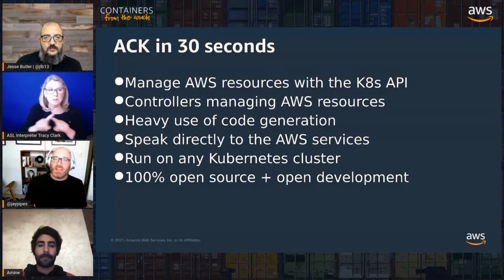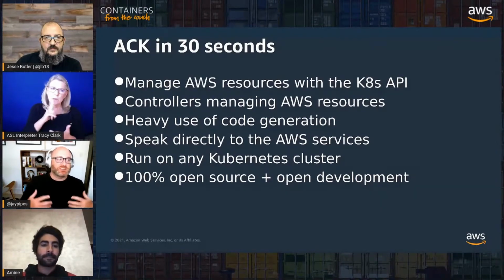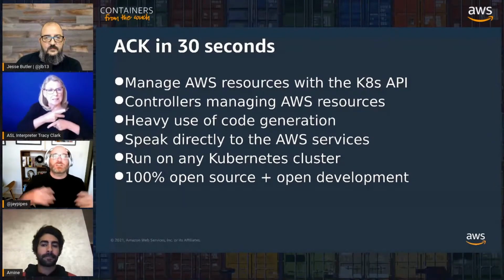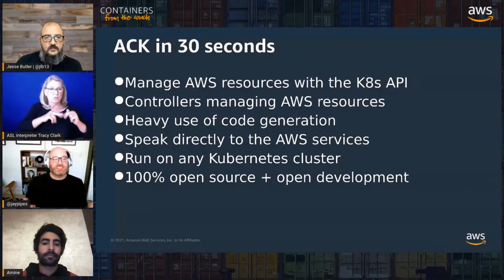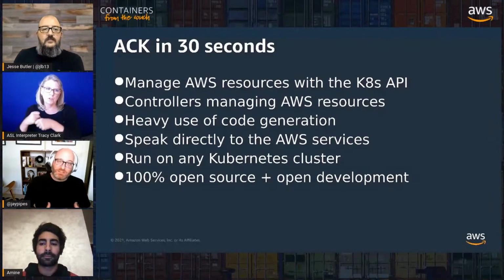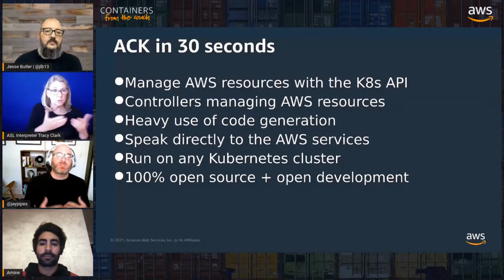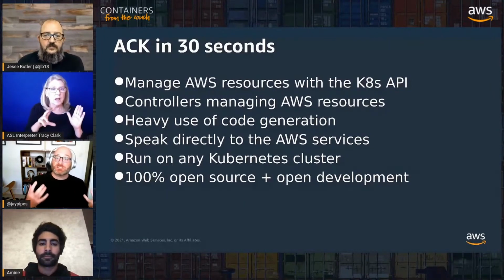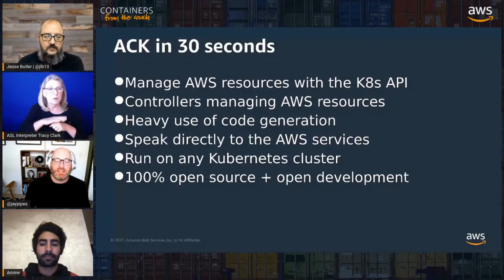So there's really no way that we were going to be able to maintain and manage the construction of hundreds of these ACK service controllers without relying on code generation quite a bit. So we take the AWS service API models and output the full implementation of these service controllers. I'll get to that a little bit more later.